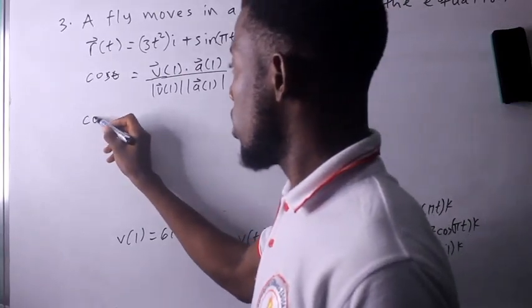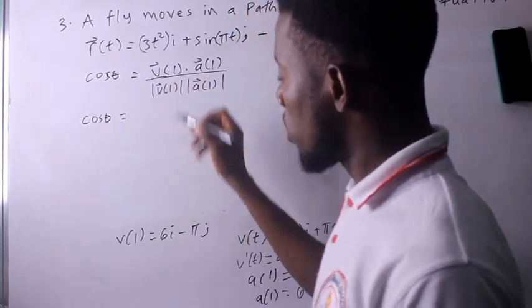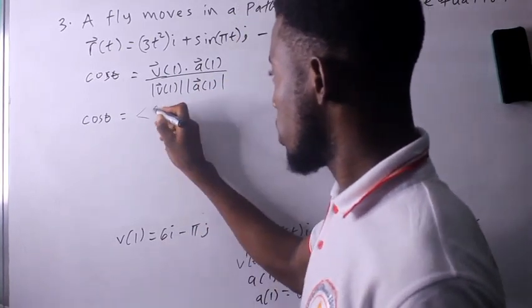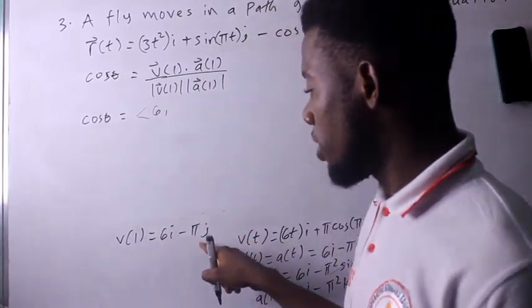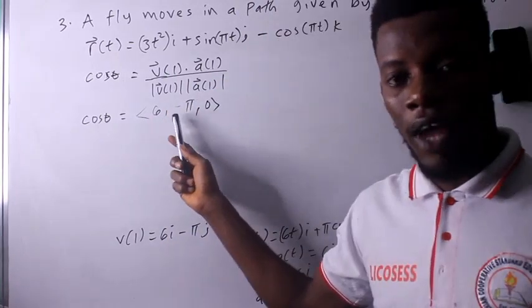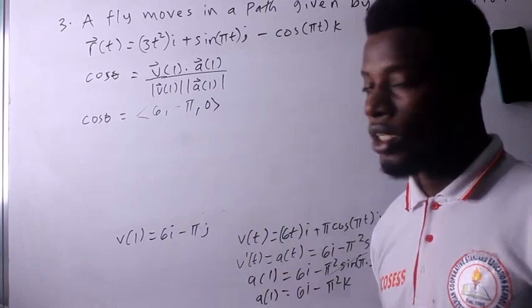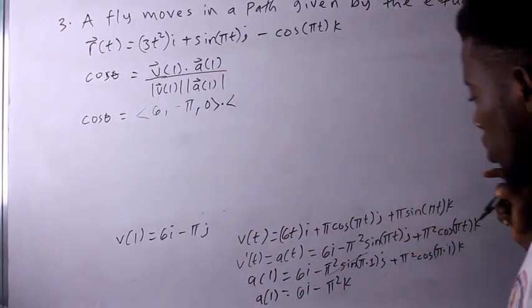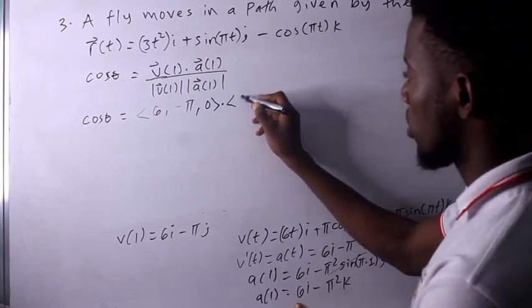So cos of theta is equal to, take the two vectors and dot them. This is 6i, j is negative pi, and there is no value in the k direction, so k is 0, dotted with the acceleration vector, which is 6.